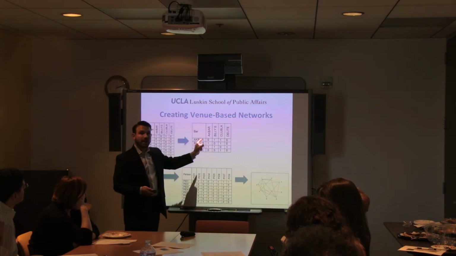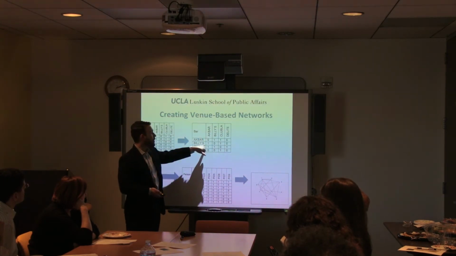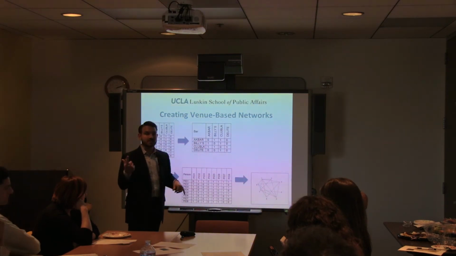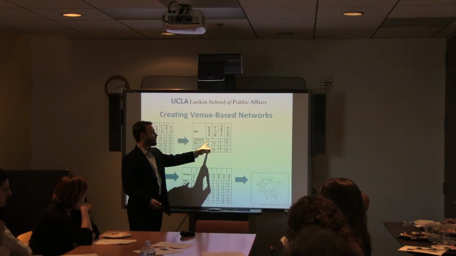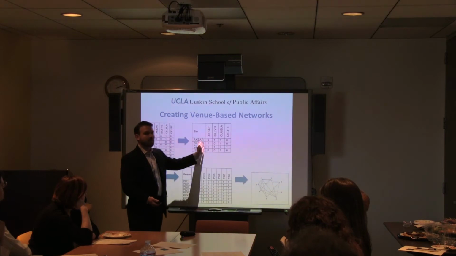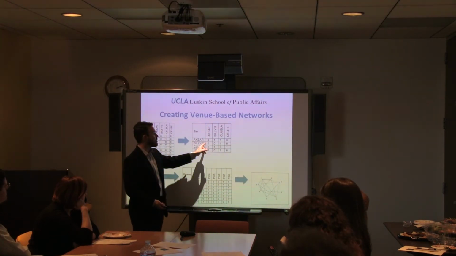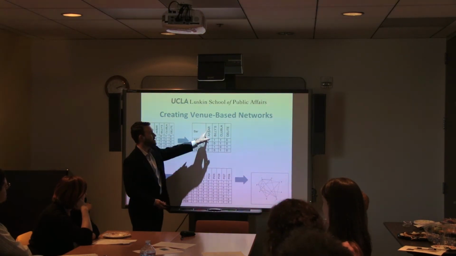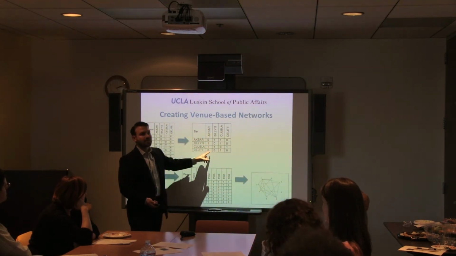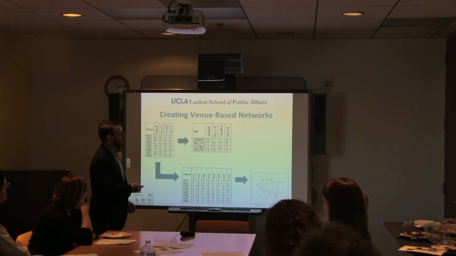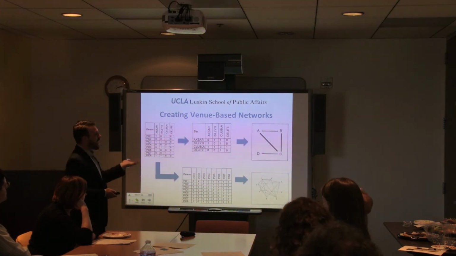You can also have weighting, where instead of 1s just representing connected yes or no by at least one person, you can have any number up to the number of participants in your study in these cells. So if everybody goes to both Billy's and Akbar, then you might have 200 people in that cell. And you can have these weighted matrices as well.